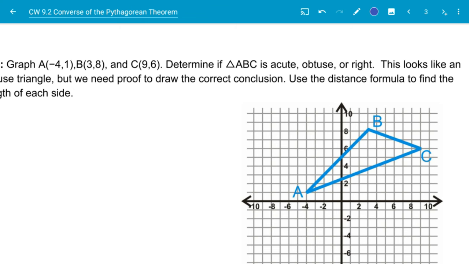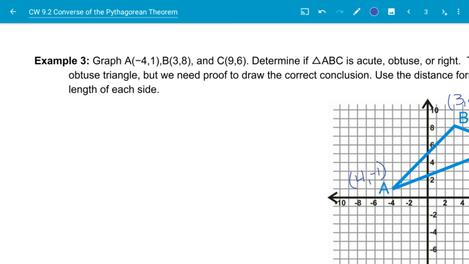So I know that A is (4, -1), B is (3, 8), and C is (9, 6). So we're going to use the distance formula. Every time we use it, we write it down.